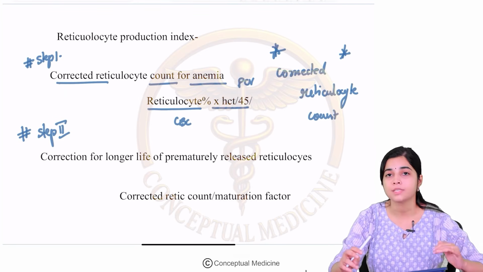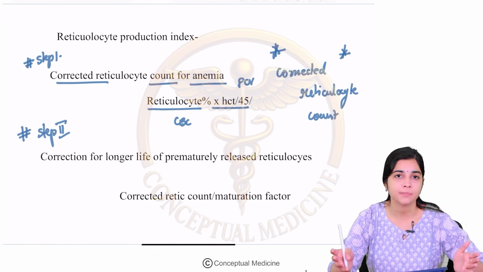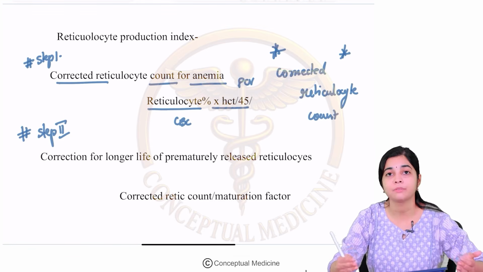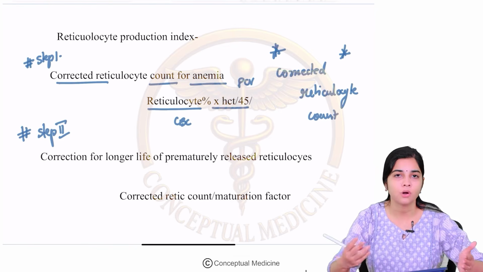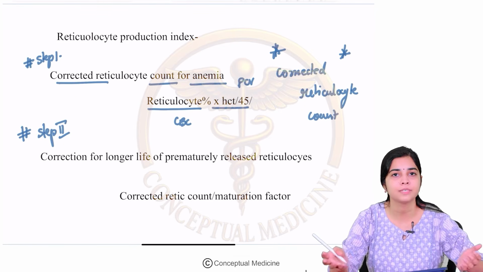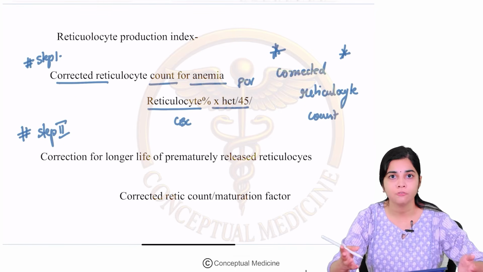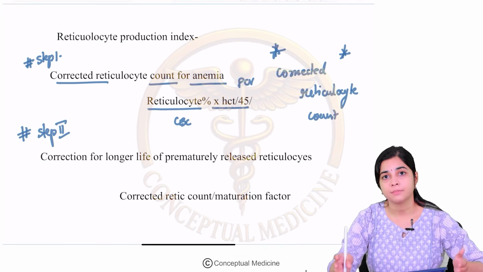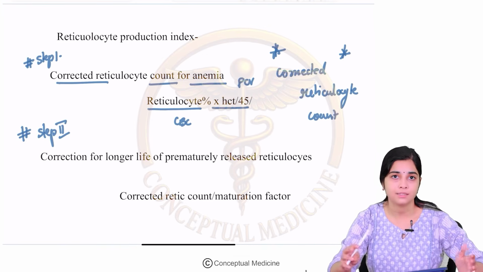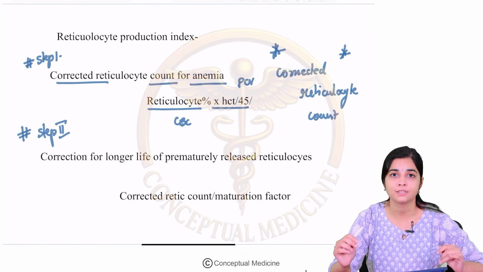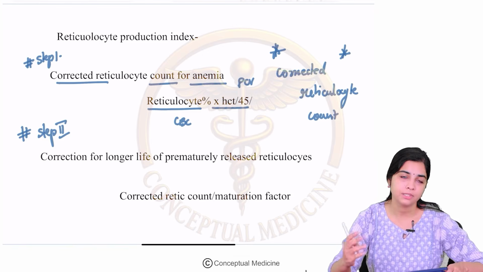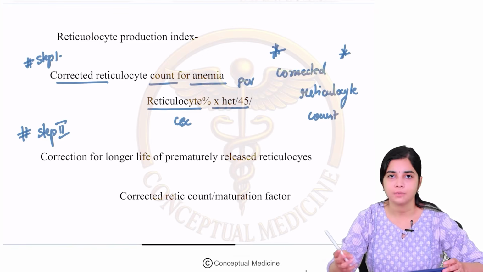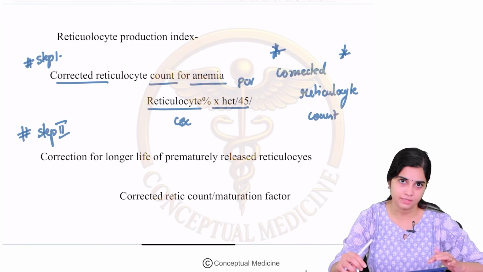That means in an anemic patient, the expected PCV or hematocrit will be lower. What is the normal hematocrit? The normal hematocrit or PCV is taken as an average of 45. For the anemia, the reticulocyte percentage will actually be higher in the CBC, but you need to know the corrected reticulocyte count. That is why you need to multiply it by the hematocrit divided by 45. So that is the first step.